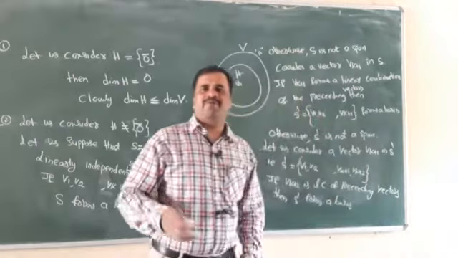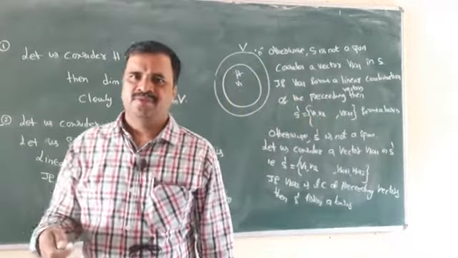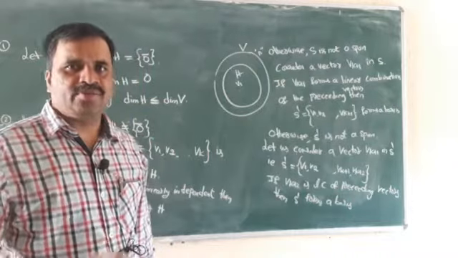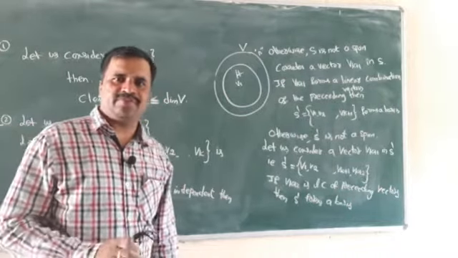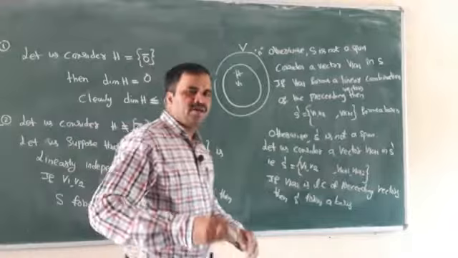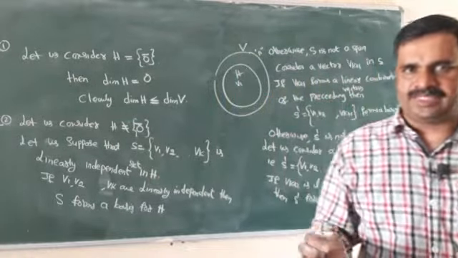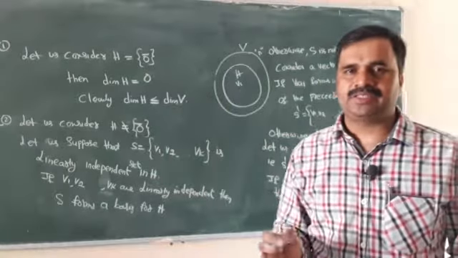We can add one by one vector like that for S. We can add until it forms a basis. We will continue the process. If it forms a basis, okay. If it does not form a basis, I will continue it until some set forms a basis for H.